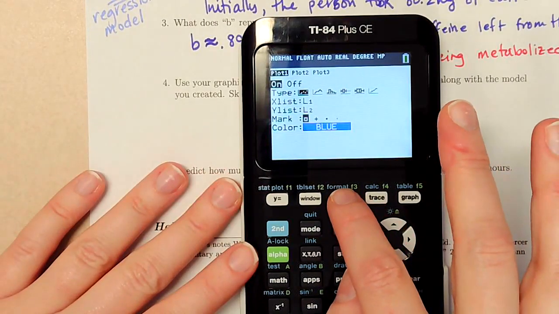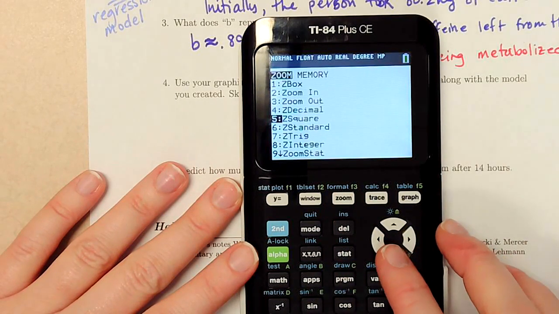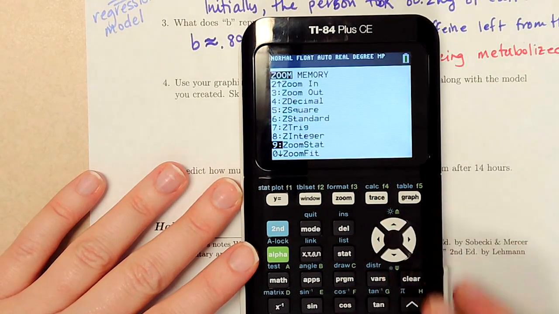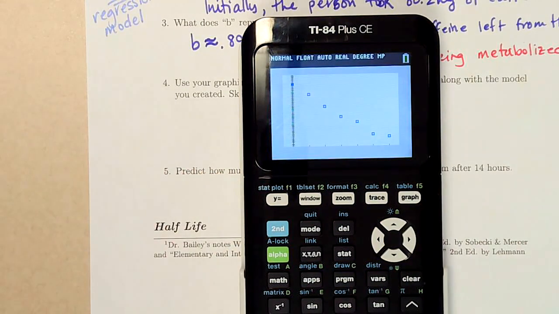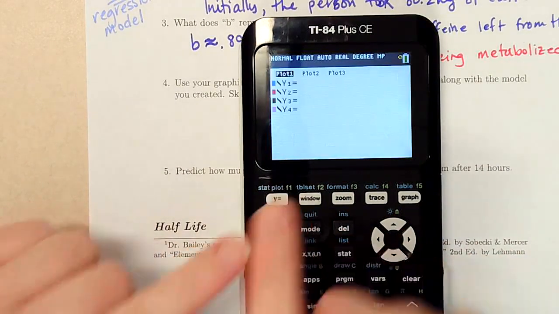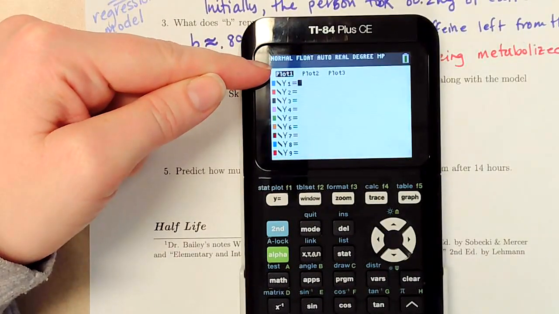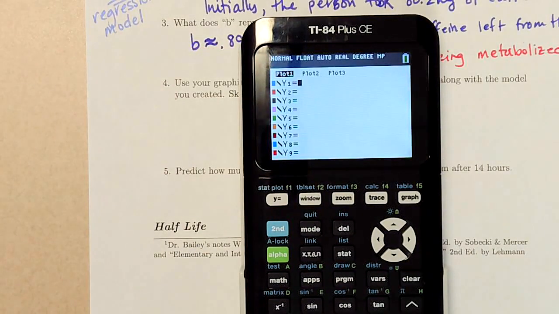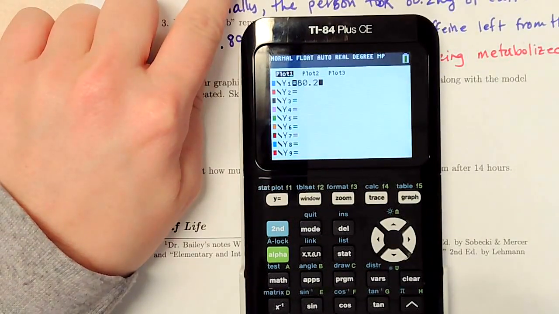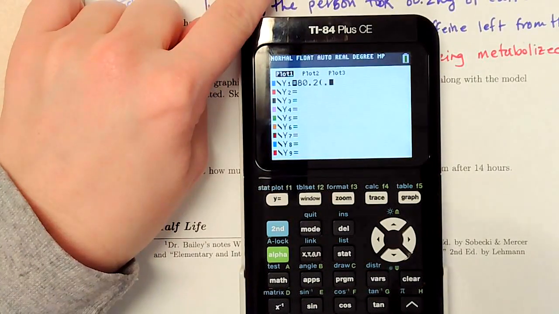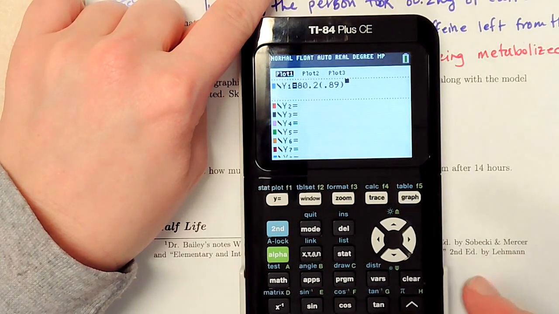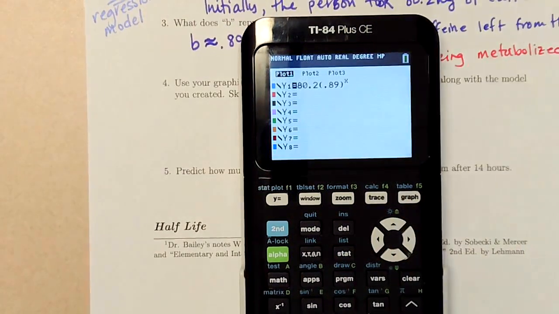So just zoom going down to statistics like we did when we were doing linear regression. I see that. Okay, so there's my scatter plot, but it also says with the model. So I'm going to go to y equals, and this highlighted means that the scatter plot is on. And we said it was 80.2 times 0.89 raised to the hours, or I'm going to call that x in this case.